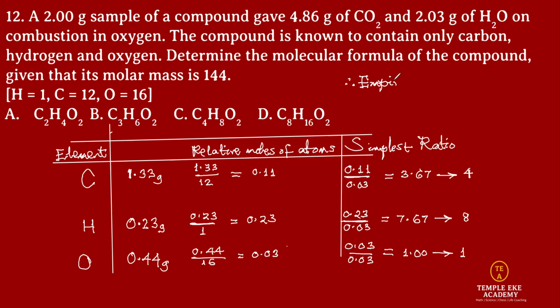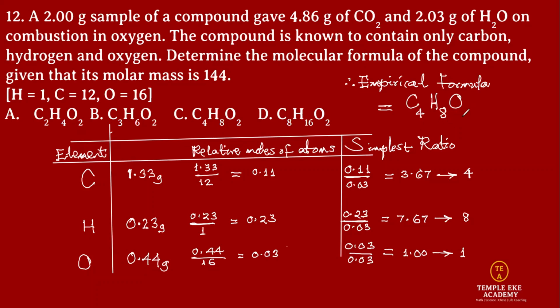The empirical formula of the compound can be written as carbon, 4 atoms of carbon, combined with 8 atoms of hydrogen with 1 atom of oxygen, which we do not need to write.